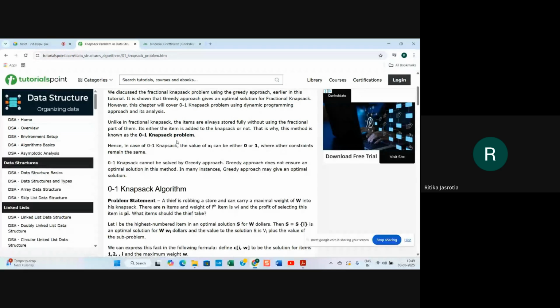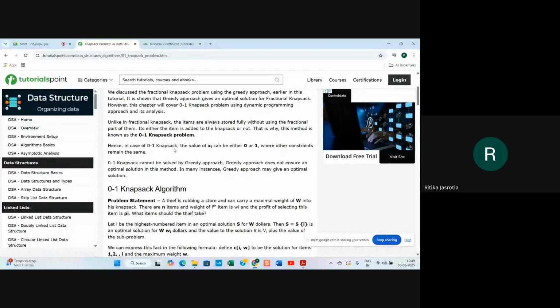Suppose 20 kg was the capacity, so in the 20 kg you could fill something, and some part of the items you could not fill, so you keep some fractional value of that item. In this one, items will always be stored in full without using the fractional part. So it's either the item is added to the knapsack or it is not added to the knapsack. That is what they are saying.